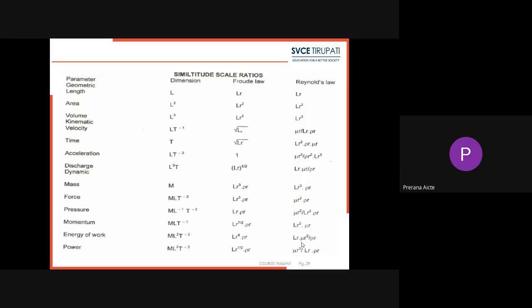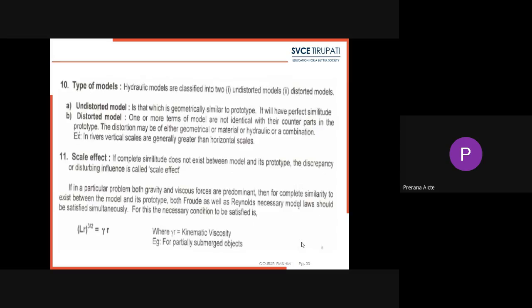So these are the different scale ratios for Froude's law and Reynolds law for different parameters like geometric, kinematic, and dynamic properties. And the next topic is types of models. Usually these hydraulic models are classified into two types, that is undistorted models and distorted models.